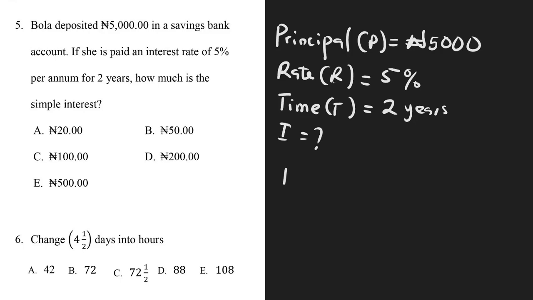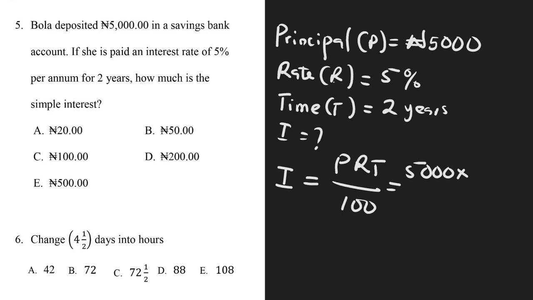Know that simple interest is usually equals to PRT over 100, that's principal times rate times time over 100. Is that not? So what is our principal? Our principal is 5,000 times what is our rate? 5. And what is our time? 2 years, right? So multiply by 2 years over 100.